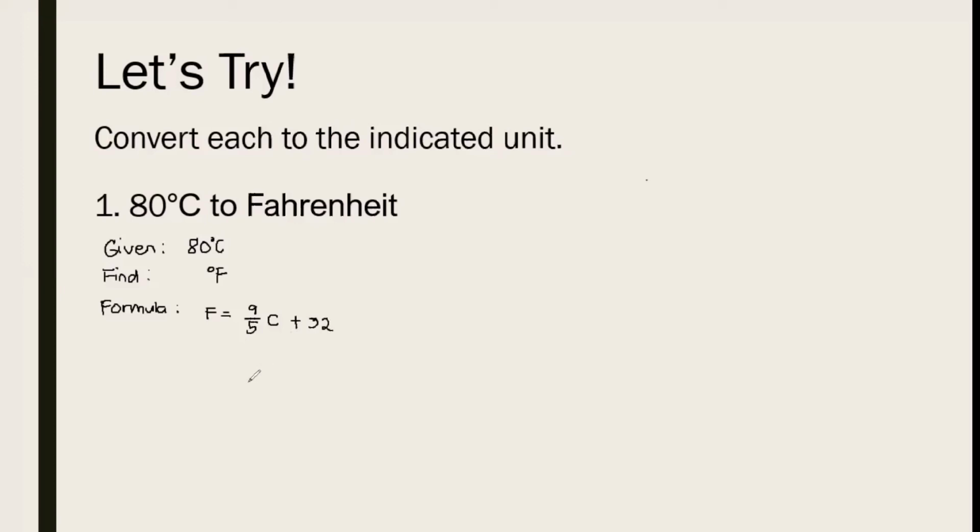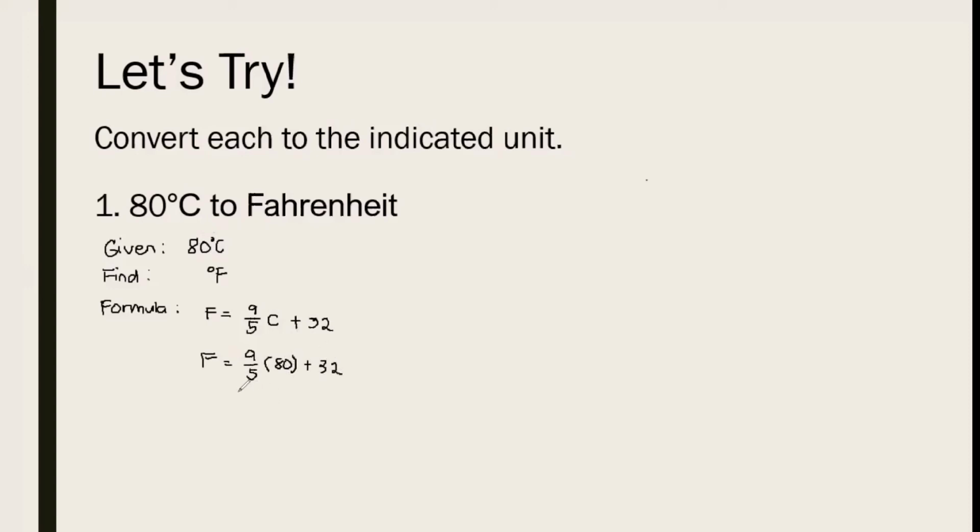Okay, first step is to simply substitute the given Celsius in the formula. So here we have 80 degrees Celsius, meaning to say we're going to substitute 80 in the given formula. So it will become F is equal to 9 over 5 times 80 plus 32.